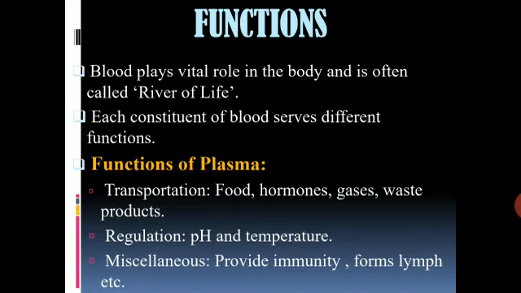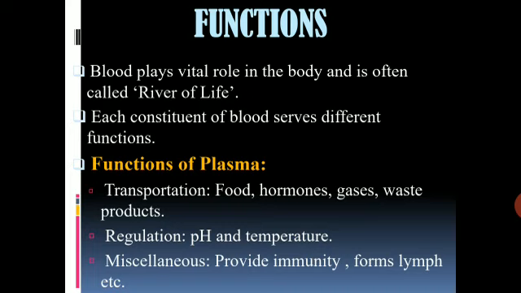First one is plasma. Plasma is the major thing we have already discussed, which transports food, hormones, gases, waste products, everything. So the first function of plasma is transportation. Second is regulation of pH. We maintain a constant internal environment, where we talk about pH and temperature, and this is maintained by plasma itself.